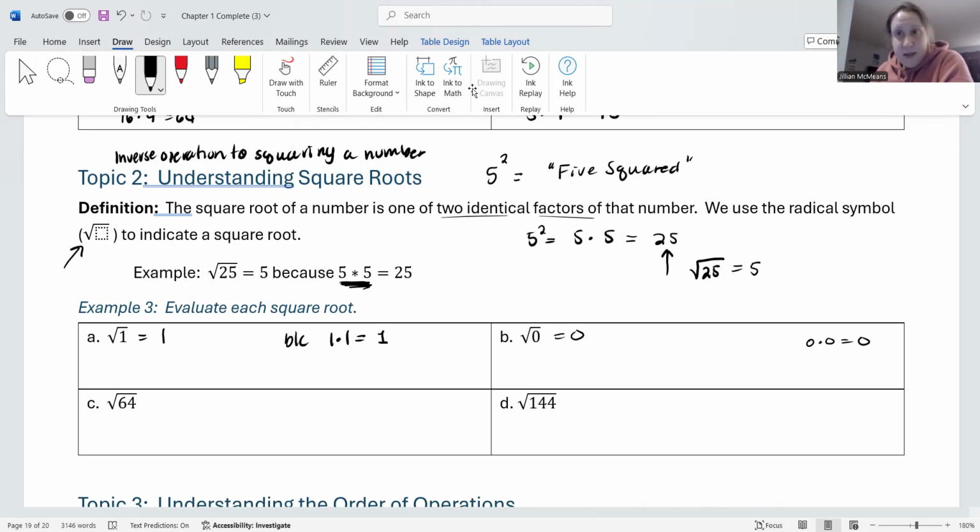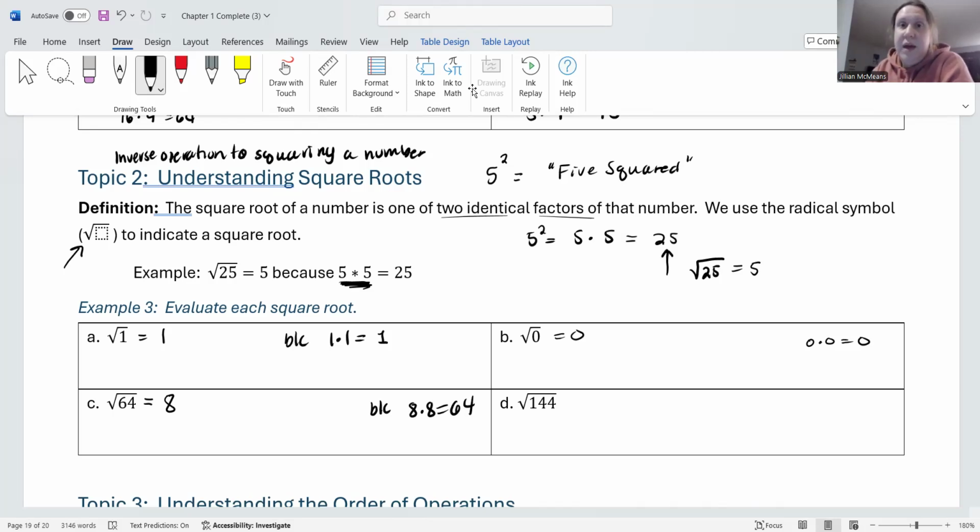Let's look at C and D. I did not mean to do this, but we accidentally did part D already on the worksheet. So let's go ahead and focus on part C. So what number, when I multiply it by itself, so I'm going to take a number and multiply it by exactly itself, what number is going to give me 64? Well, if you're really good with your multiplication tables, you will know that would be 8, because 8 times 8 is 64, okay?